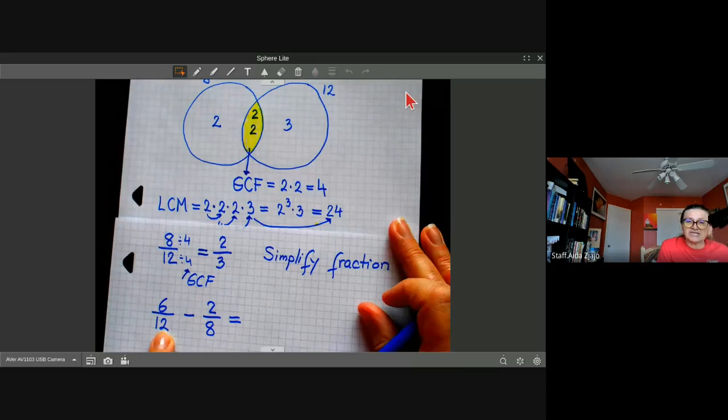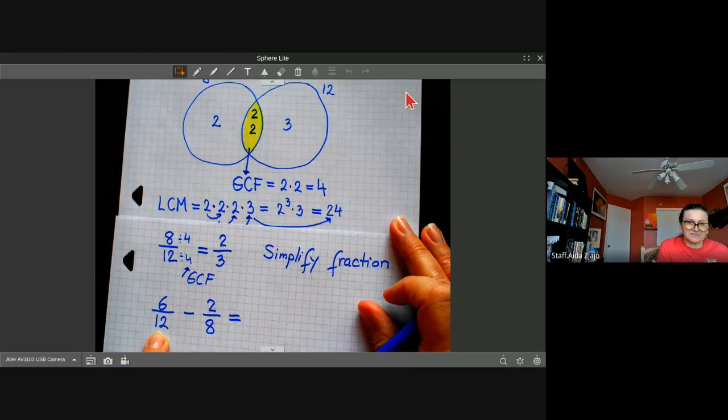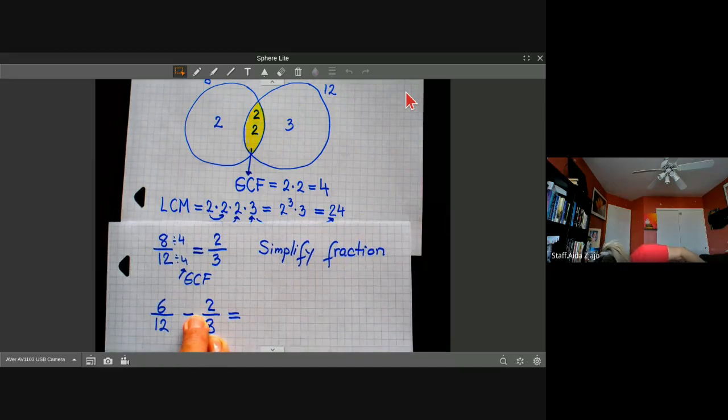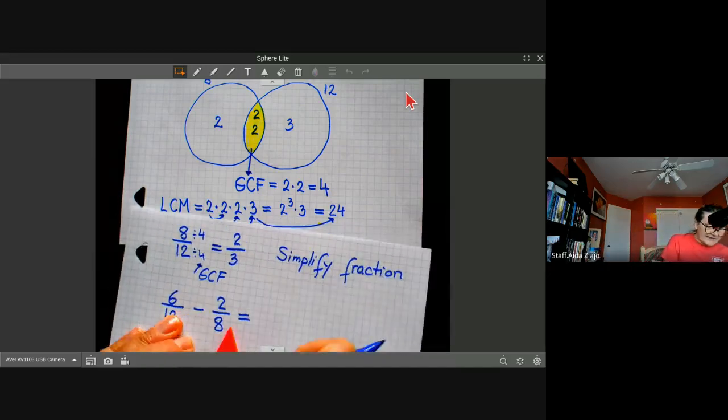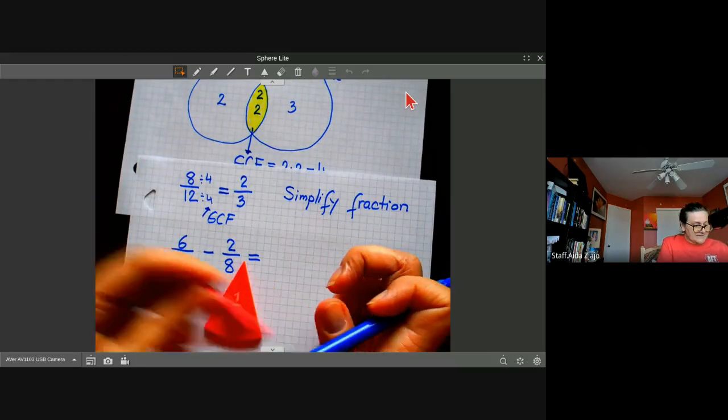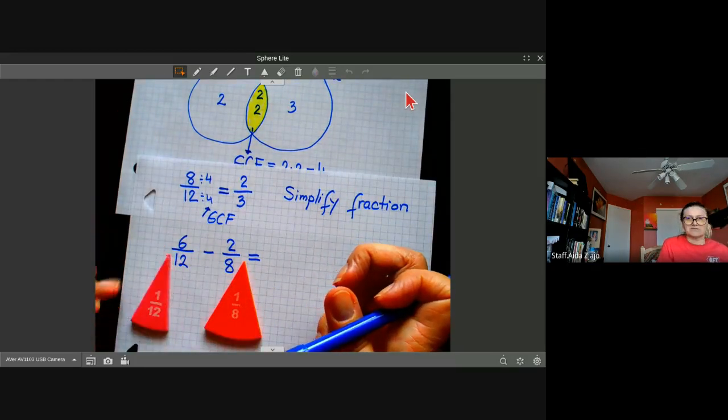Then we can change, because 12 pieces are not as big as 8. Remember, we were seeing the difference between these: if I'm thinking about eighths, they are this size, and if I'm thinking about twelfths, those are the 12 size.